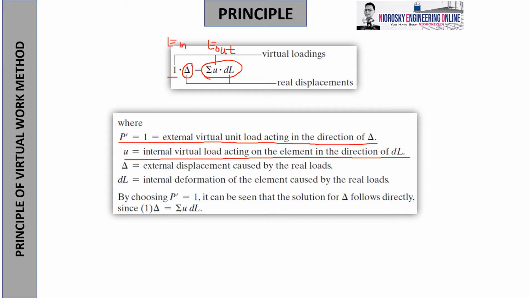Delta is the external displacement caused by the real loads, and the differential length dL is the internal deformation of the element caused by the real loads. So we get the true deformation if we take the summation.